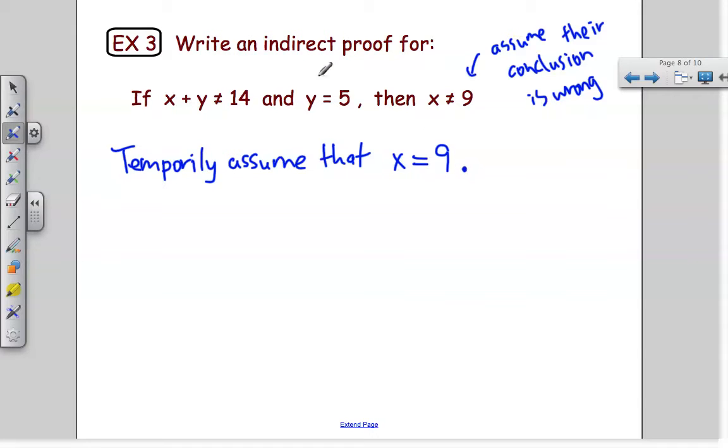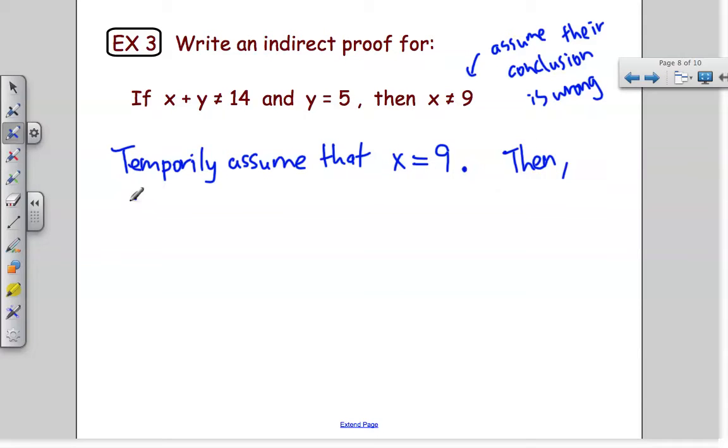I'm going to use this and everything else I had, and I'm going to show that there's something that contradicts itself, that goes against what it said. So I'm going to assume that x equals 9. And then, remember how I was given that y equals 5?